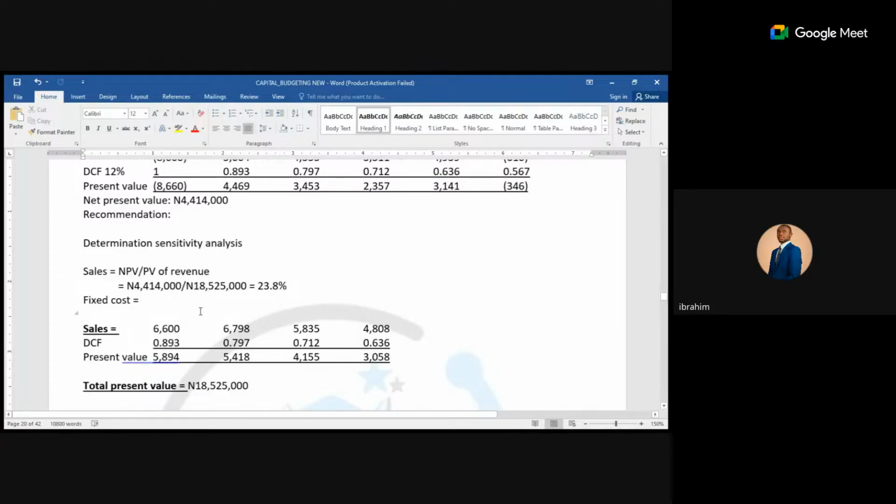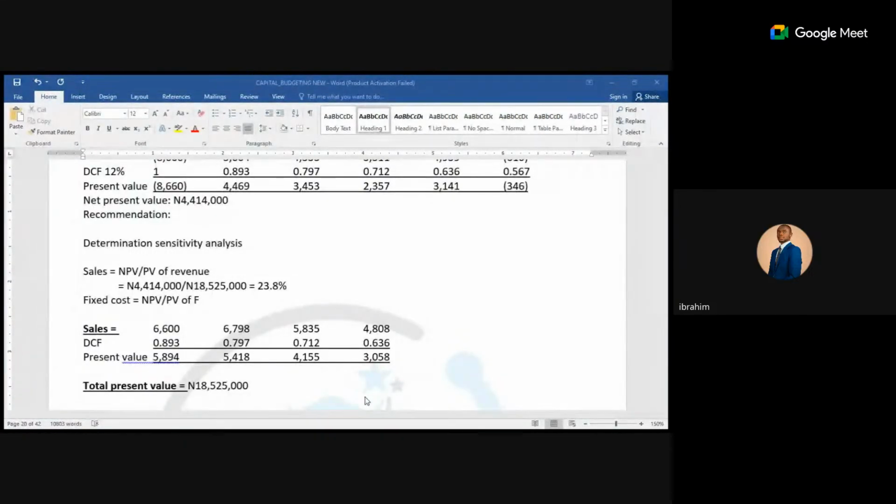Yes, Mr. Ibrahim, please. A quick one: for the DCF for the sales, can we use annuity, since it's the same from year 1 to 4? That is what I wanted to say. Alternatively, you can use annuity from here, which is what I will use for the fixed cost.